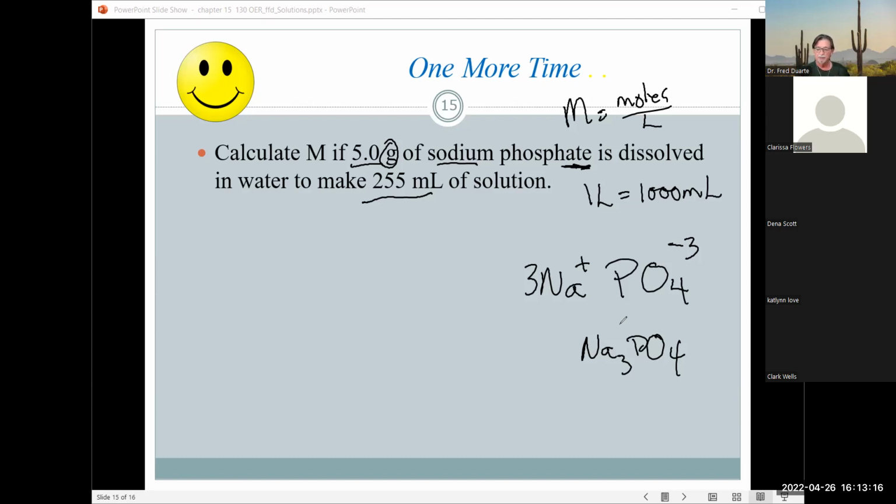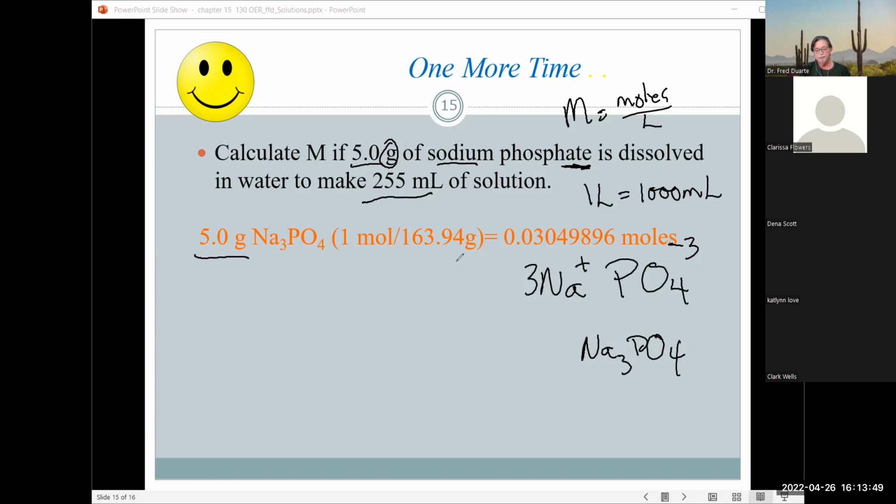Go to the periodic table, look up the atomic weight for each one, tally it up, and you should end up with 163.94 grams. Okay, its molar mass is 163.94 grams per mole.